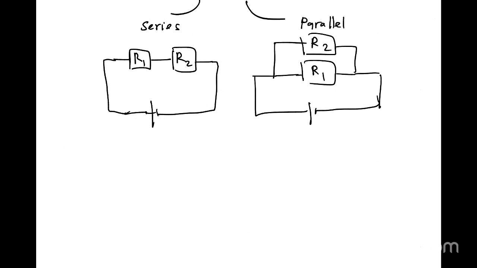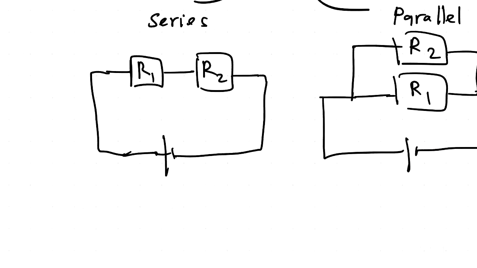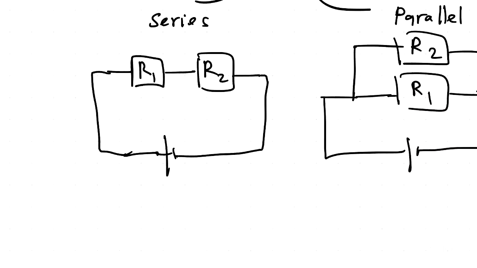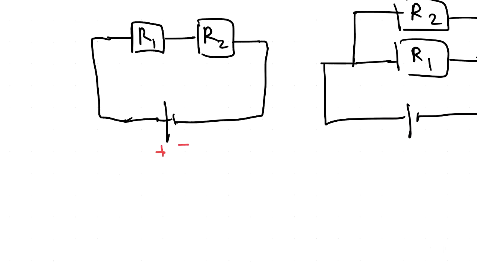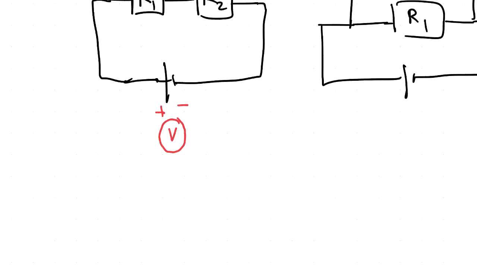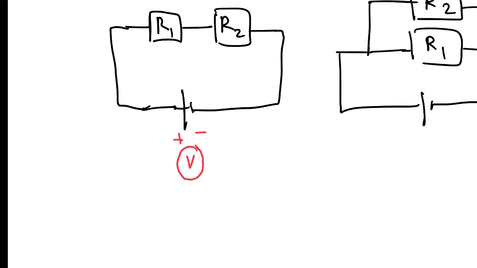Once you get a diagram like this, take a pencil and first of all mark the positive end and the negative end of the power supply. This one will be giving a V voltage, right? The voltage means actually the difference between the positive end and the negative end.